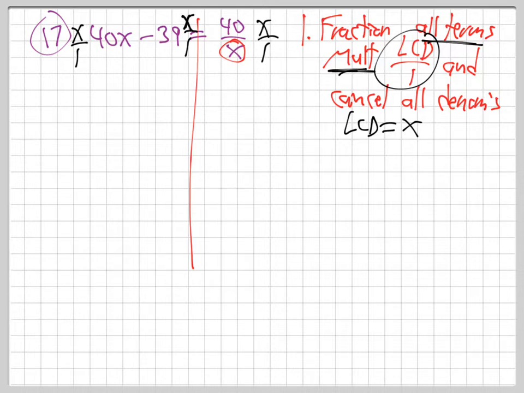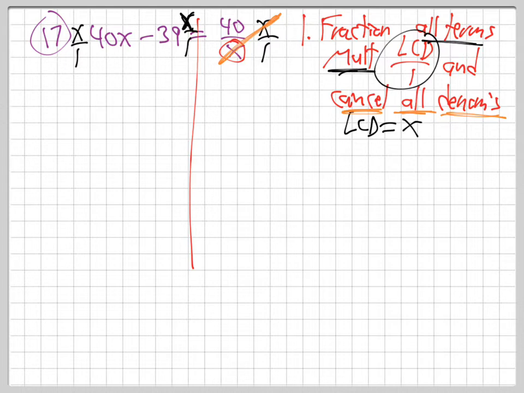Does that make sense how I arrived at that? I just identified the type of question and followed the steps. Okay, and what do we do now? Cancel all denominators. There's only one denominator. That one cancels out.